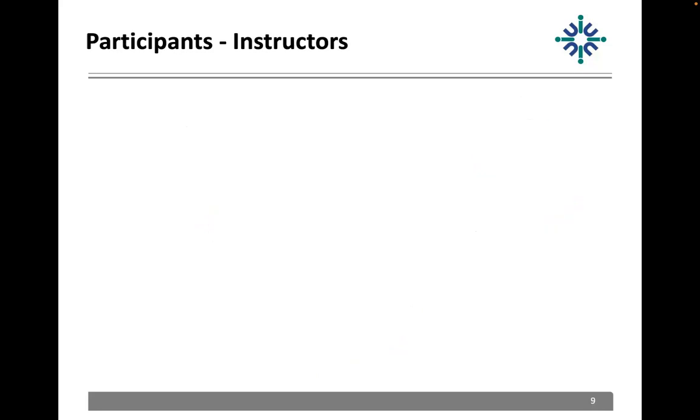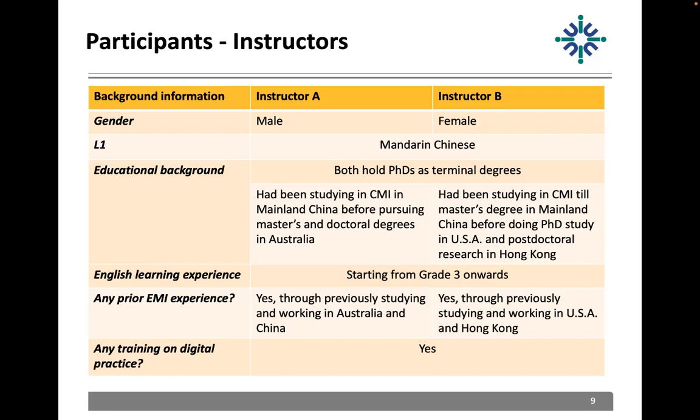Okay, so let's take a look at the background information for the two instructors. As you can see, there are two instructors here. One is male and the other one is female. Both have Mandarin Chinese as their first language. Talking about their educational background, both instructors hold PhDs as terminal degrees.